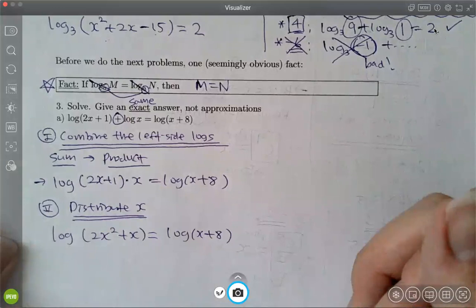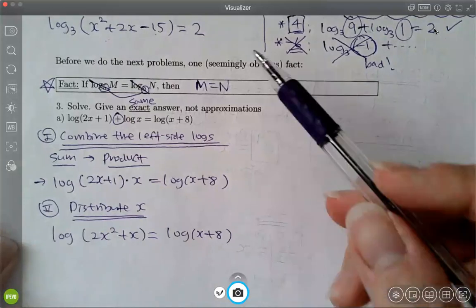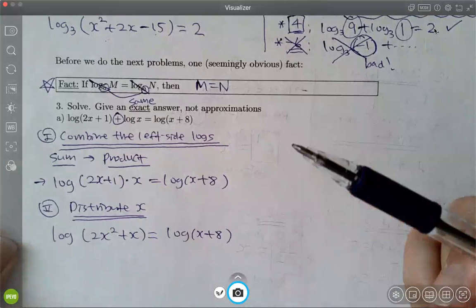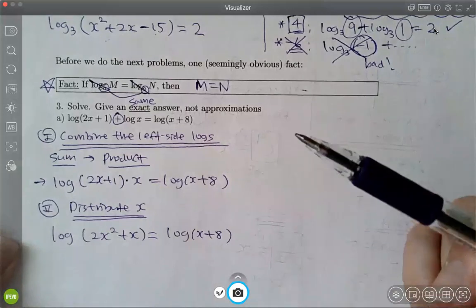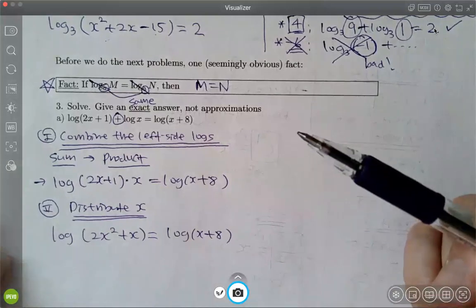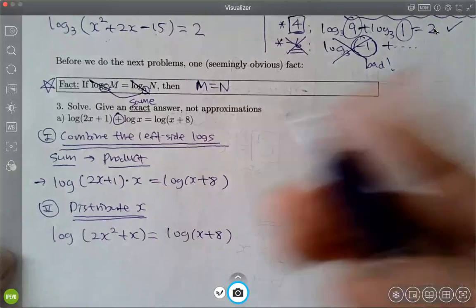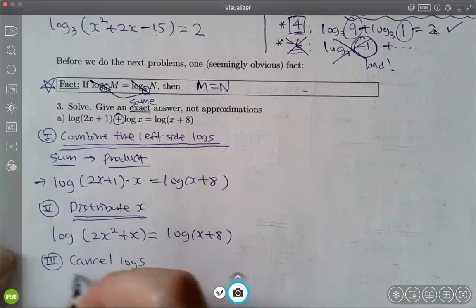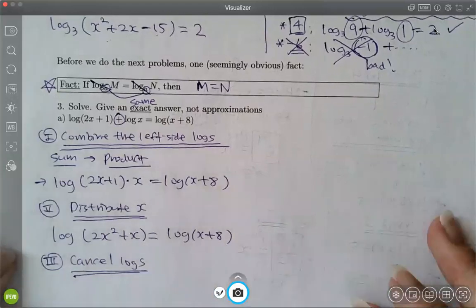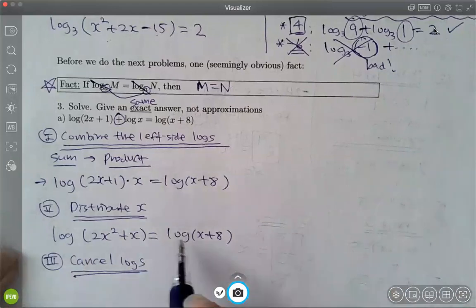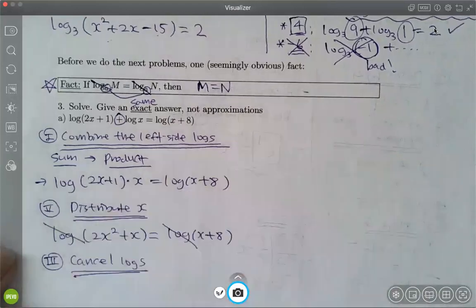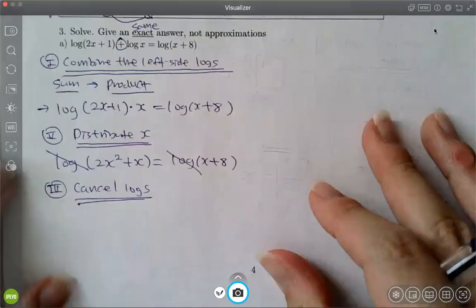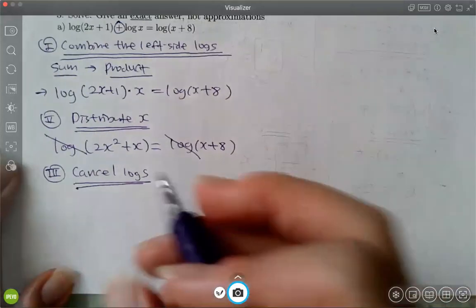Okay, so in the previous problem, we converted into exponential form, but here, do we have to do that? No. What can we do? Cancel the logs, right? Why? Because both have the same base. And by the way, what are their bases? 10, right? The common logs. Okay, so what do you get here? 2x squared plus x is equal to x plus 8.